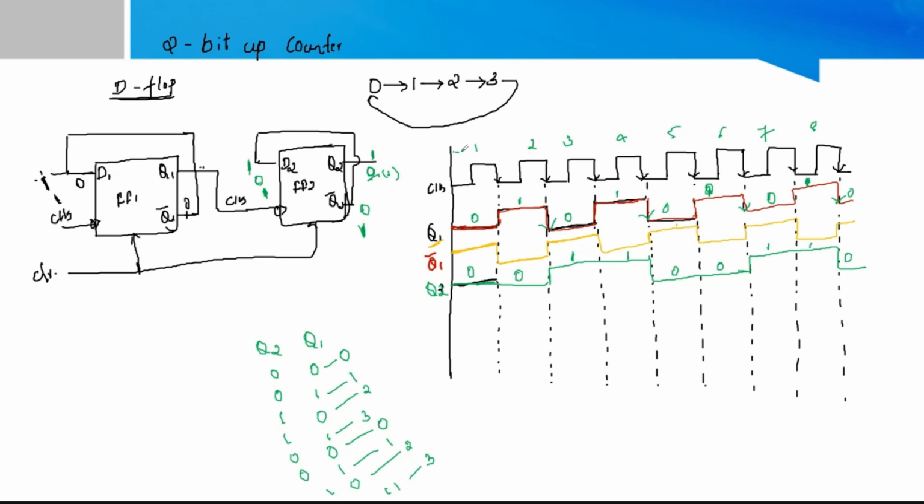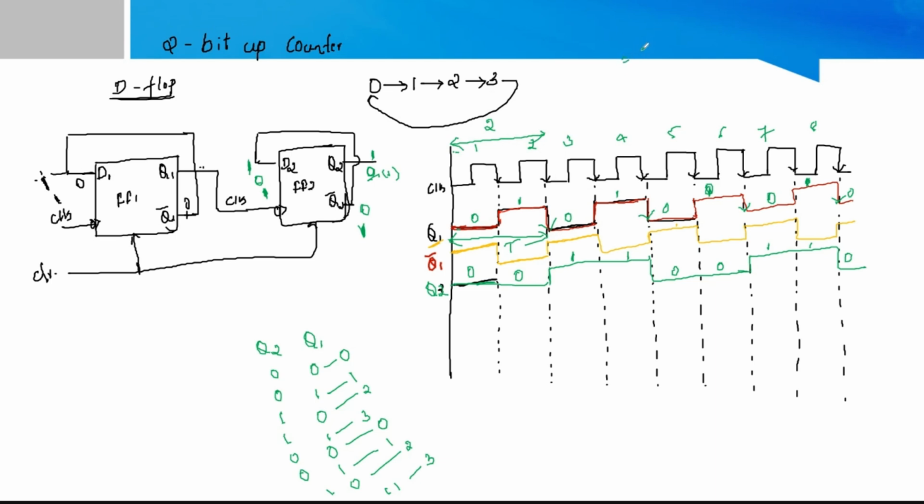Here if you see that this is 1 clock pulse, this is like a T, and here it is taking 2 clock cycles. To get 1 clock period at the output, you are taking 2 clock cycles.